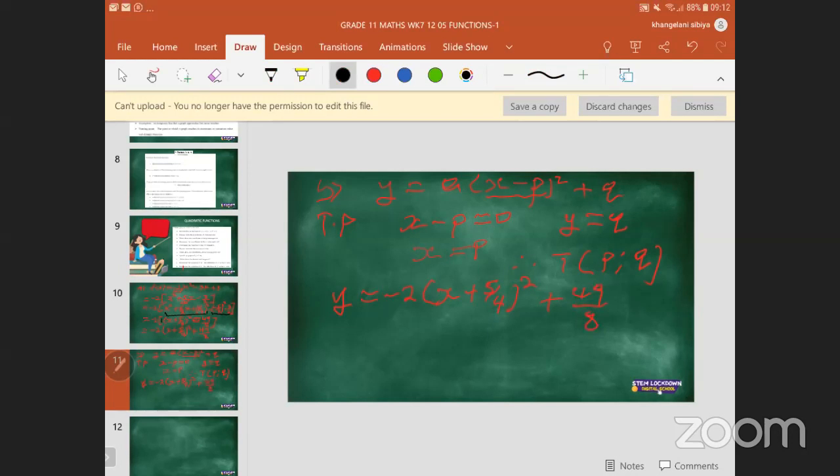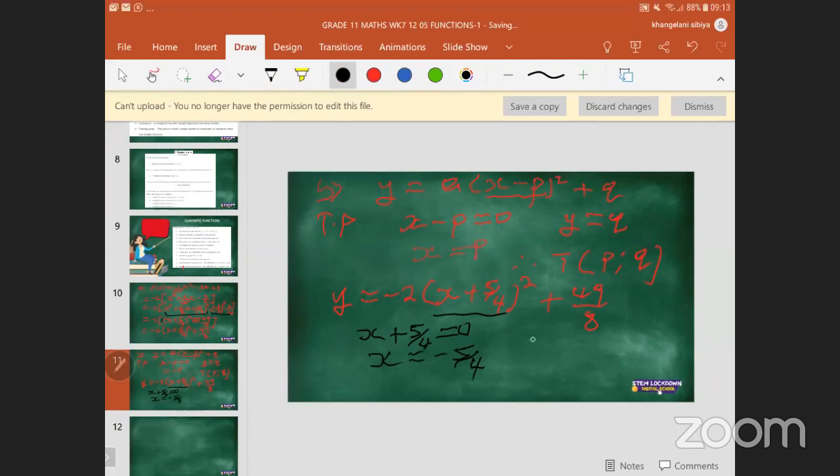Now the question says, hence write the turning point. Obviously, what you have to do is to equate this one to 0. So this would be X plus 5/4 equal to 0, which means your X will be negative 5/4.